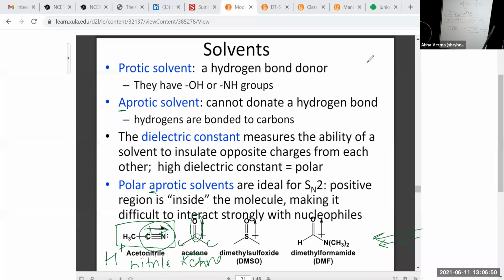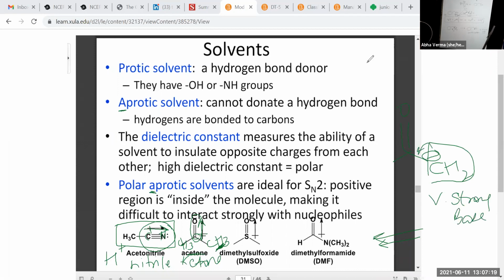This ketone is definitely polar, but are the hydrogens on this molecule protic? Can you give away these hydrogens? No, because if you try to take out these hydrogens, you will be making a C negative. And C negative is usually a very strong base.